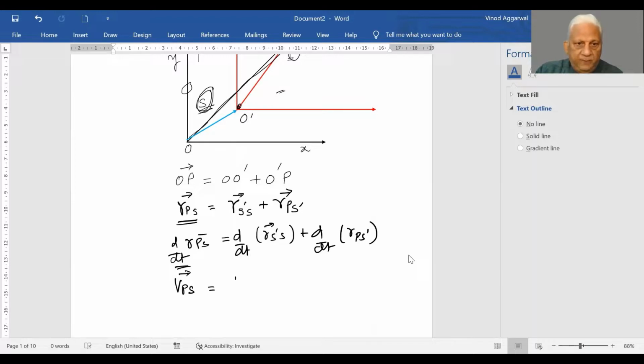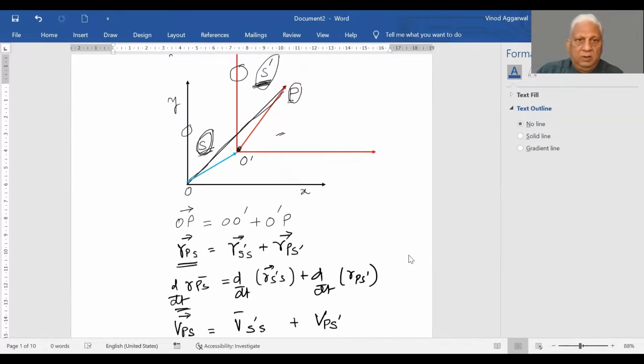This is the velocity of S dash as seen by S, plus the velocity of P as seen from the S dash frame of reference. This red one is the S dash frame of reference, and this black one is the S frame of reference. O and O dash are their origins respectively.